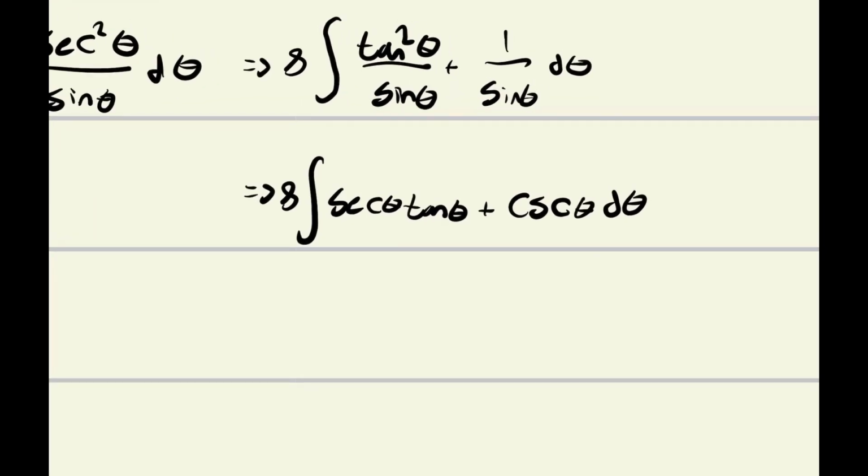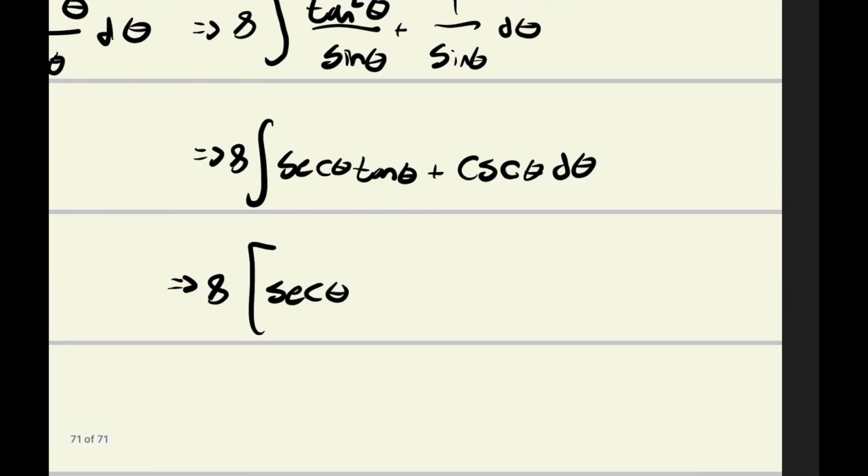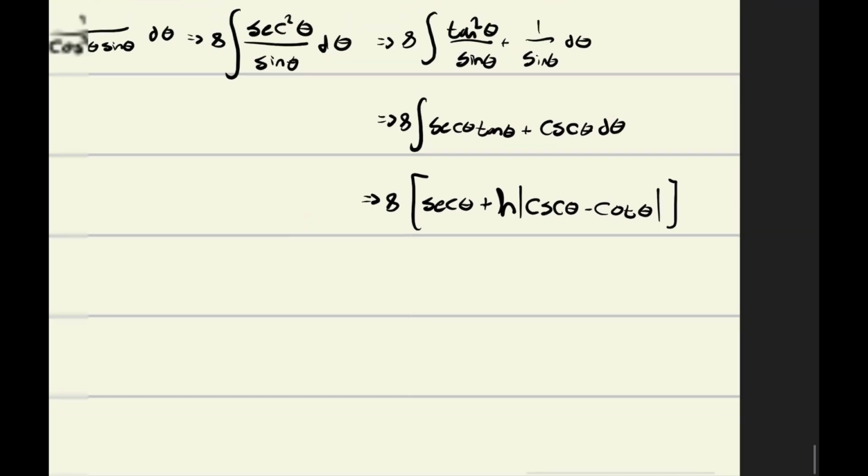We know that the antiderivative of secant theta tangent theta is just secant theta. So we can rewrite this as secant theta. We know that the antiderivative of cosecant theta is negative natural log of cosecant theta plus cotangent theta, which can be written as natural log of cosecant theta minus cotangent theta. Then we have to figure out how to get this back into terms of x.